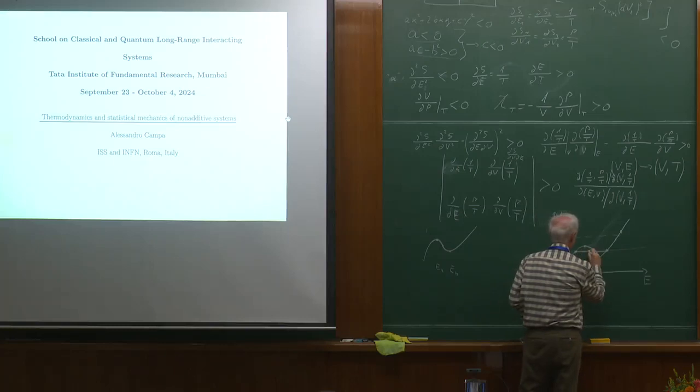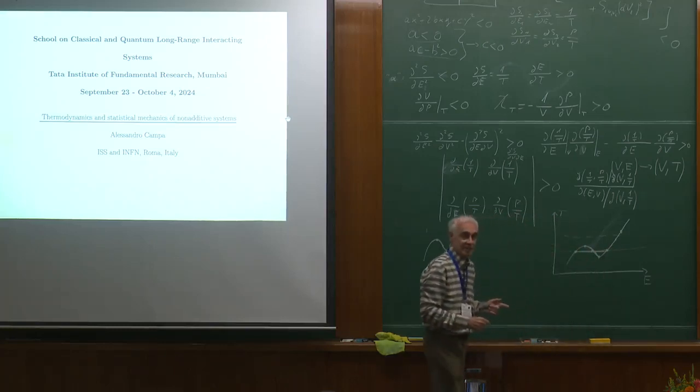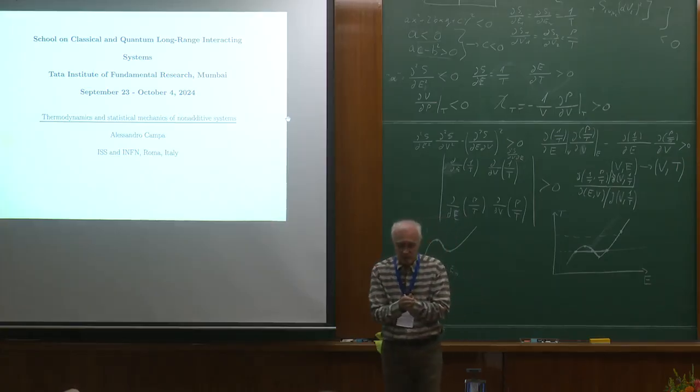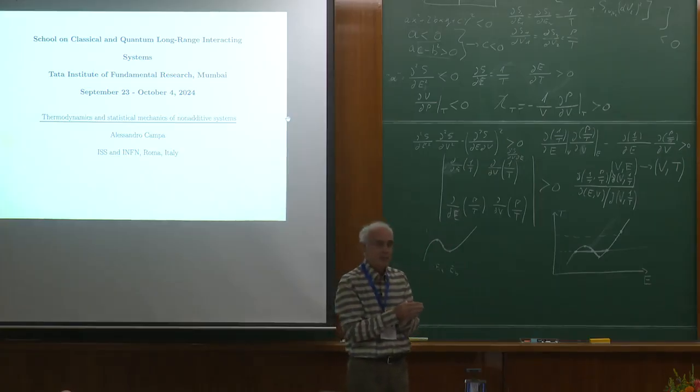So the Maxwell construction that you are forced to do in the canonical ensemble will practically occur also in the microcanonical ensemble by itself. The system will separate in two different phases, which coexist. This also is something that does not occur in long-range systems. In long-range systems, you cannot have separation of phases.